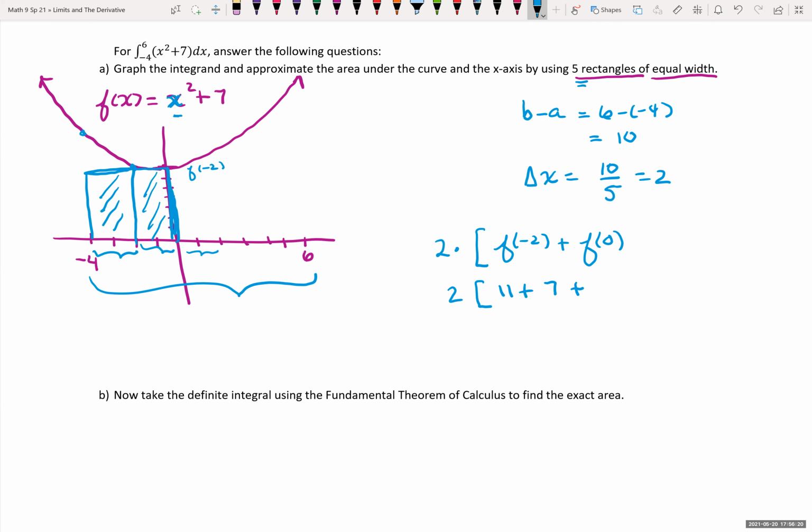Now go over another 2, hit the right-hand side. And so that area, we're going to look at f of 2. And if I plug in 2 for x, 2 squared is 4 plus 7 is 11. Now we're going to go over another 2. So f of 4.